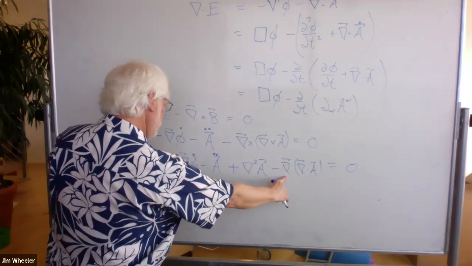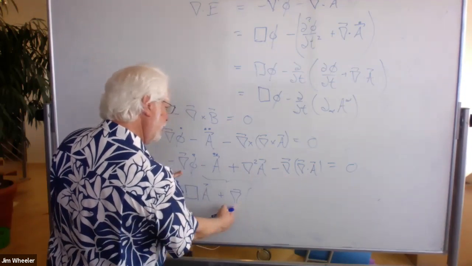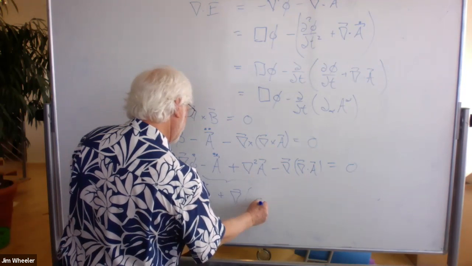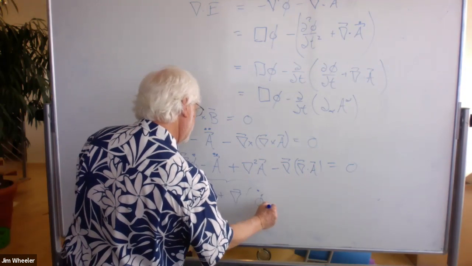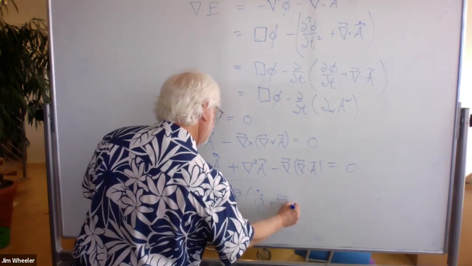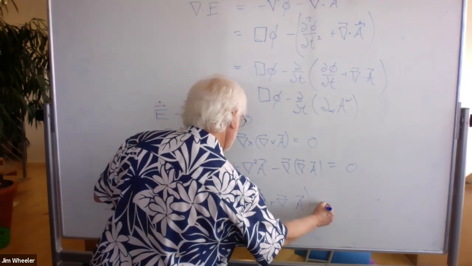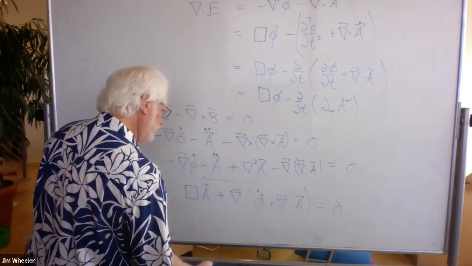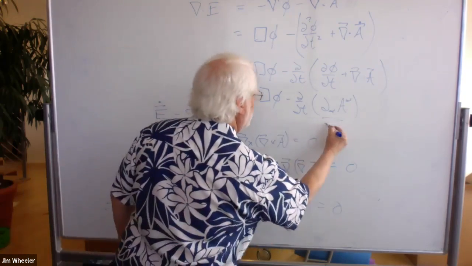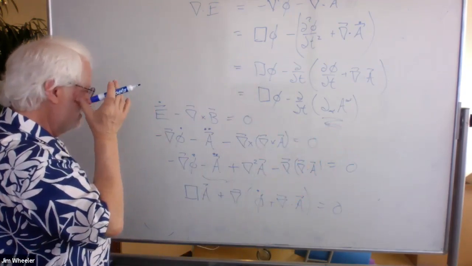Then these two terms are plus, and they're both gradients, so I'm pulling out the gradient, and we have, guess what? Phi dot plus del dot A, the same thing. So this term is just like that term, but now a gradient.